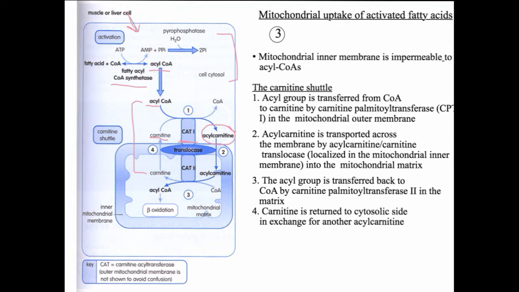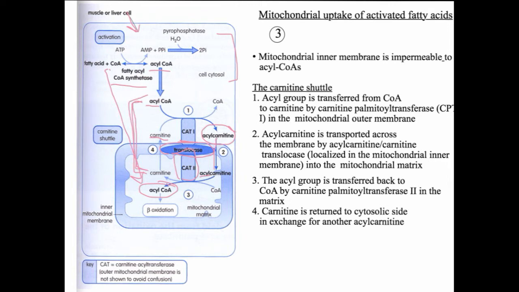Acyl-carnitine, once it's formed, will go through the mitochondrial membrane using the enzyme, the translocase. Once acyl-carnitine is inside the mitochondrial matrix, the second enzyme, CAT2 or CPT2, will take that acyl moiety off of the carnitine and put it back on CoA. So now we took the fatty acyl-CoA from the cytosol and got it into the mitochondria through the carnitine shuttle.